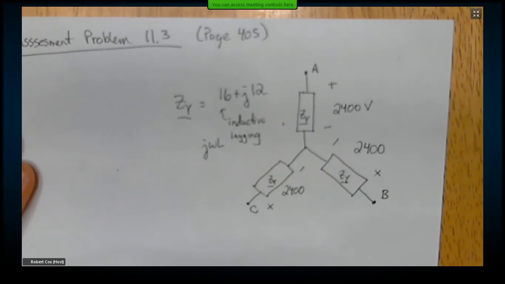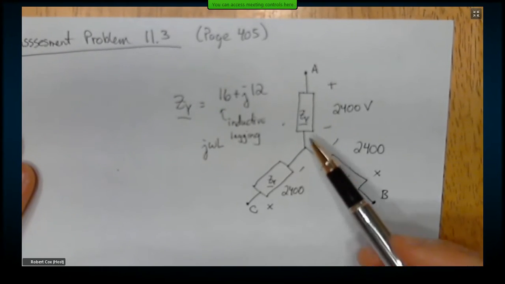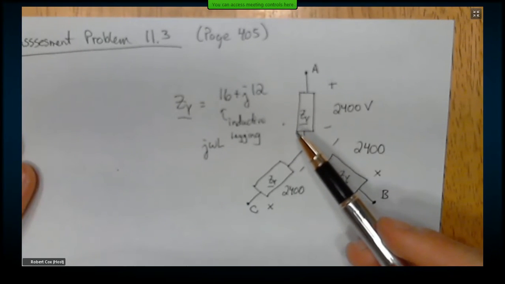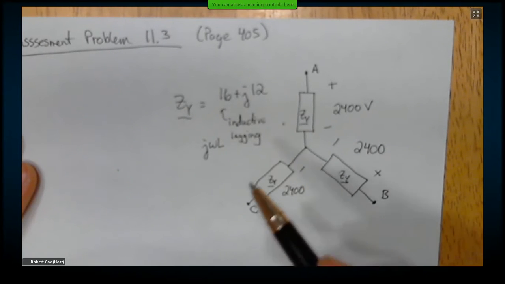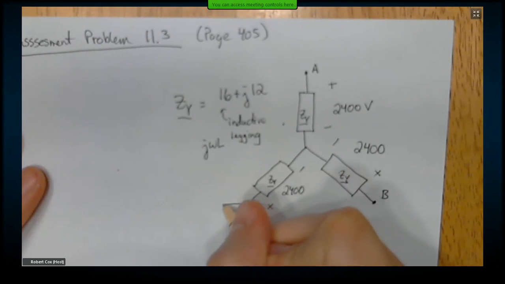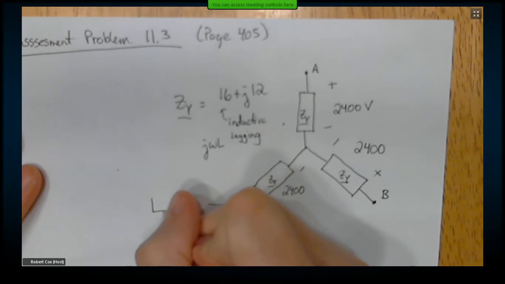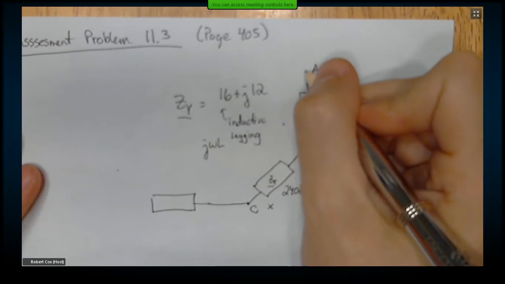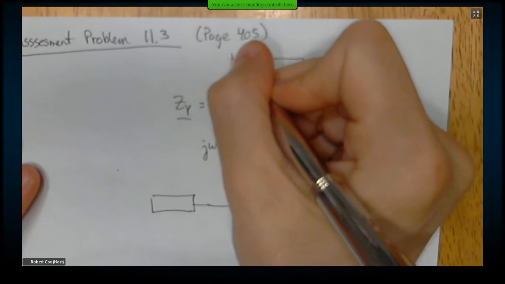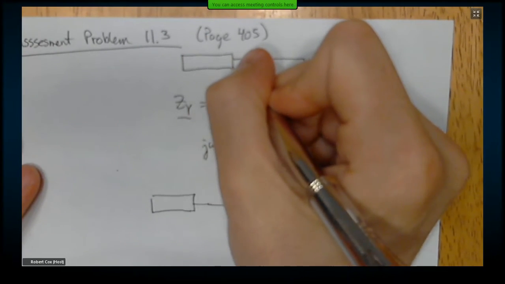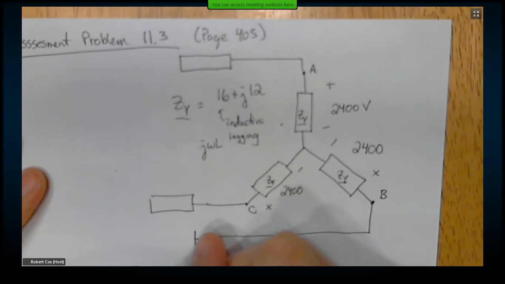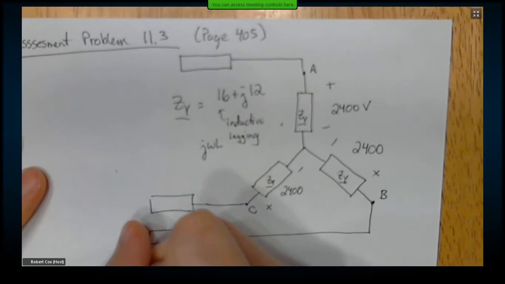What else are we told? The load has an impedance of 16 plus J12. We've got that. And it's fed from a line having an impedance of 0.1 plus J0.8 per phase. So that means that each of these is fed from a line having some impedance.